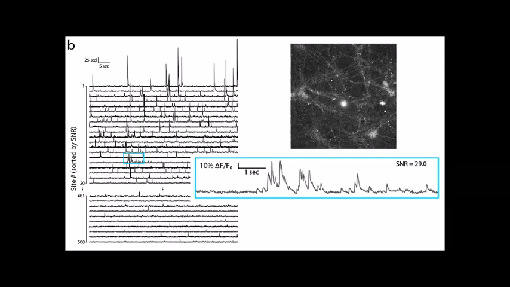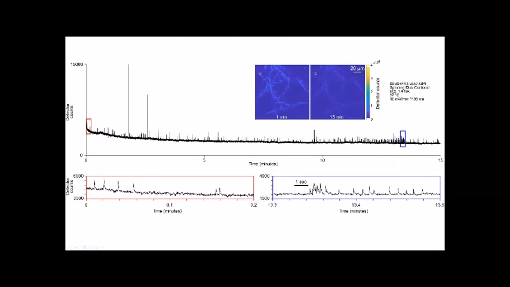And then there are sort of gigantic things, right? And there is real heterogeneity, and even in time, there is a heterogeneity in the amplitudes of events. So if you look at this long photobleaching trace, there are these rare, huge amplitude events. And this is not an artifact. This is a real event that has the same time course, but is that much bigger. So there's a lot of heterogeneity here.